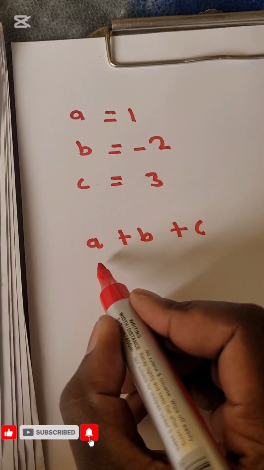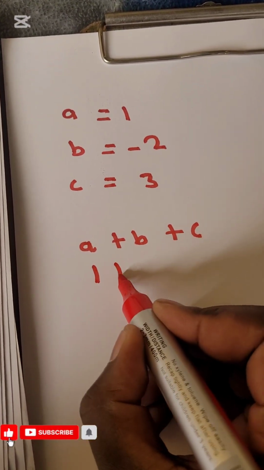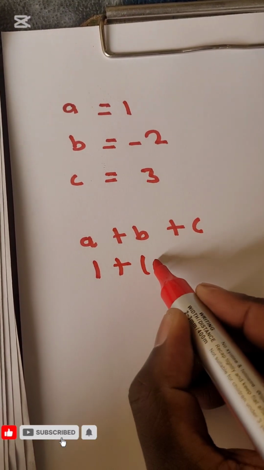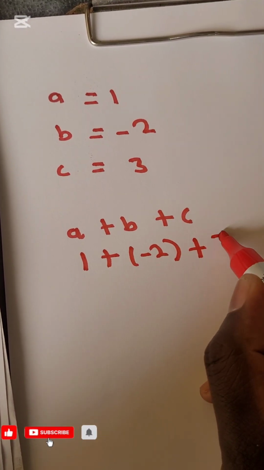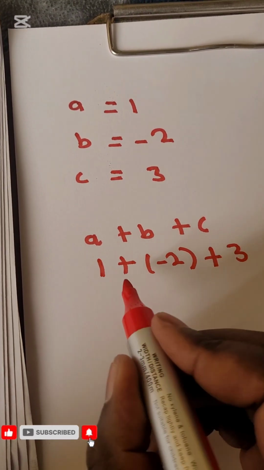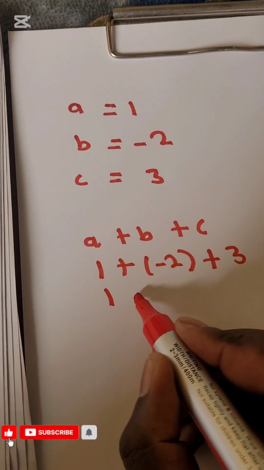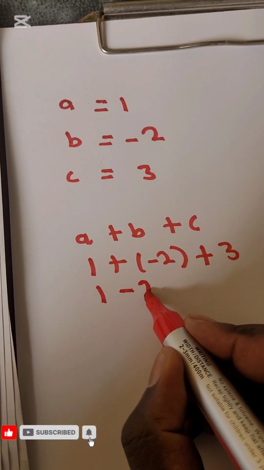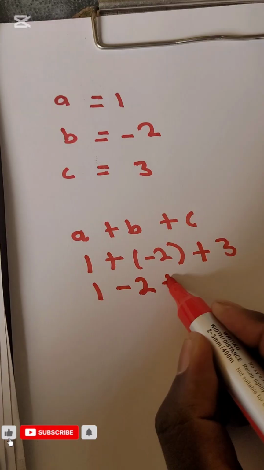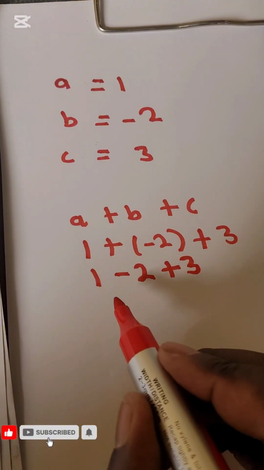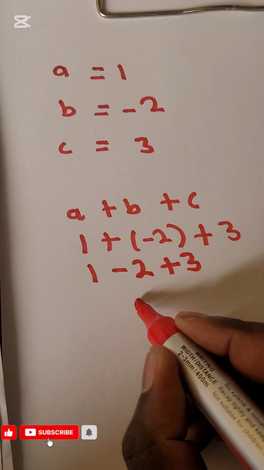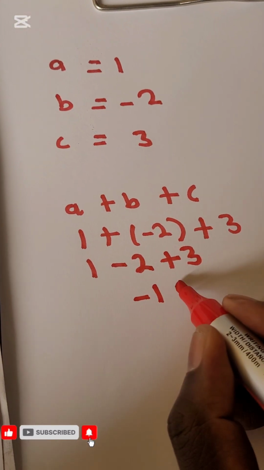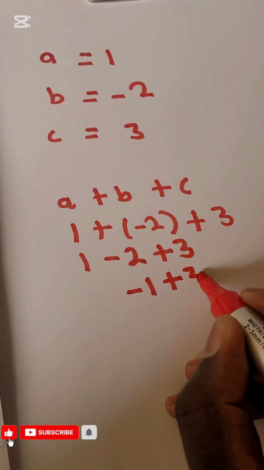So the value of a is 1, then plus the value of b, that's -2, plus the value of c, which is 3. So 1 plus a minus gives a minus, then plus 3. So 1 minus 2, you get minus 1, plus 3.